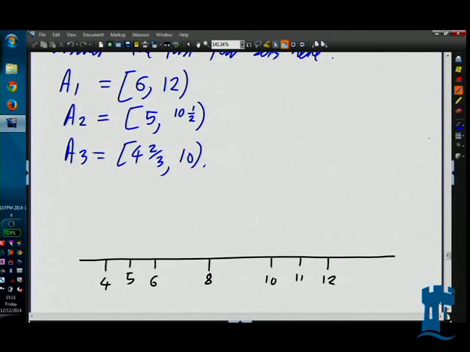So A1 goes from 6 inclusive up to 12 exclusive. So there's A1. A2 goes from 5 up to 10.5 in a similar way.